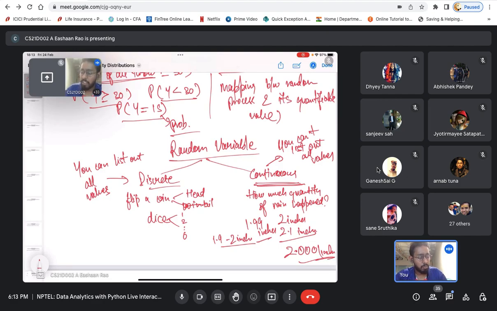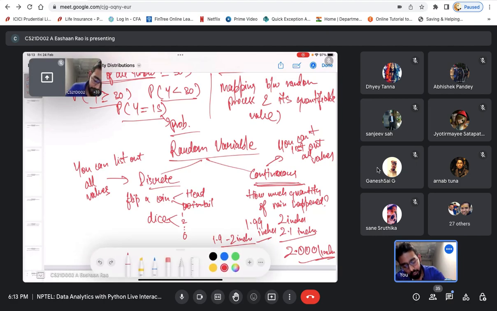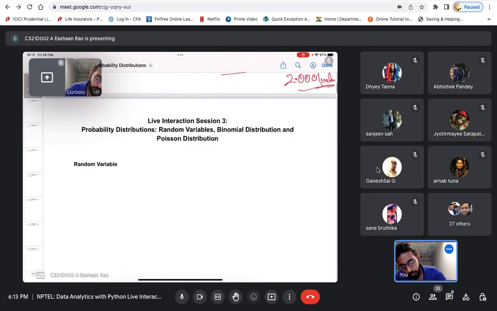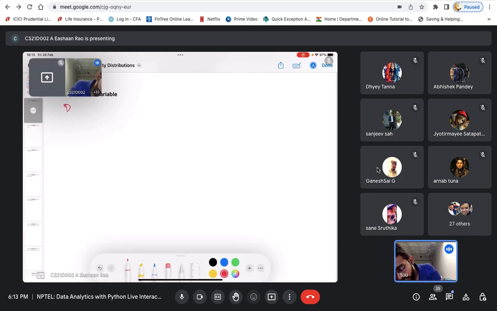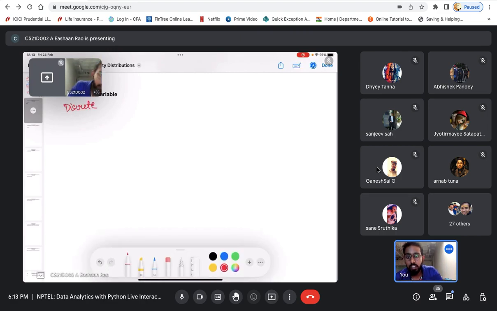To give a better sense of it, let's do a small example. For discrete, we will say the number of heads after 3 flips of a coin.